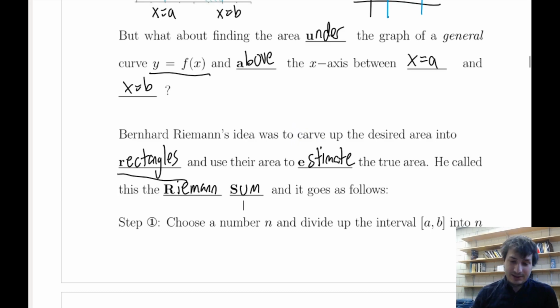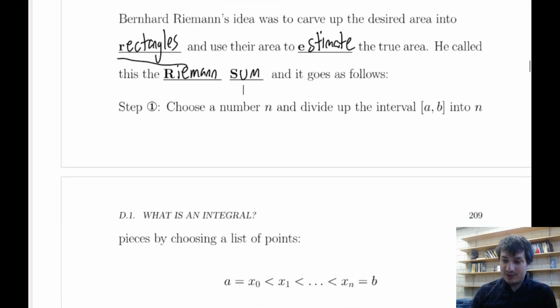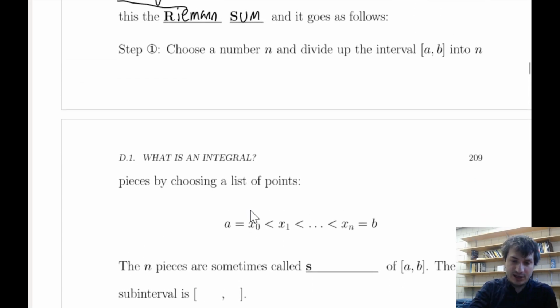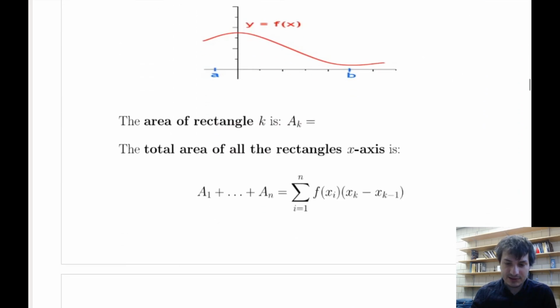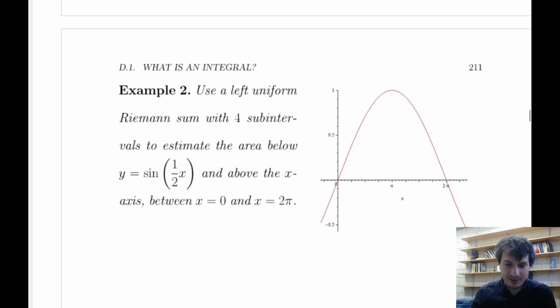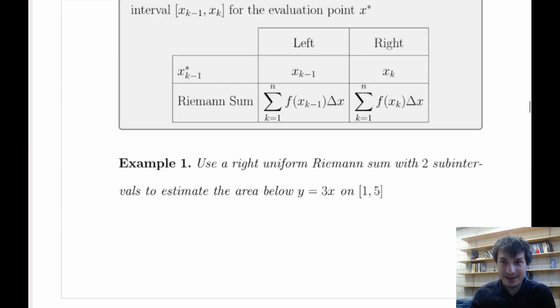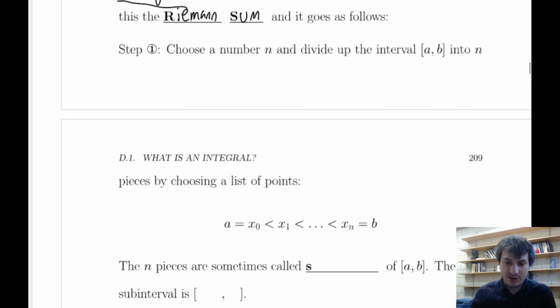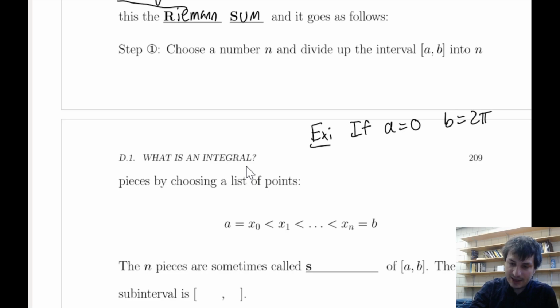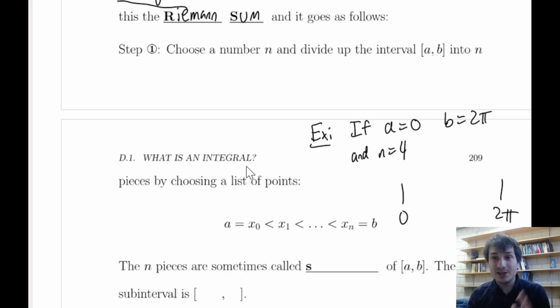So here's how it goes. Choose a number n and divide up the interval ab into n pieces by choosing a list of points. For the sake of concreteness, let me do 0 to 2 pi with 4 pieces. So if a equals 0, b equals 2 pi and n equals 4, we're taking the interval 0 to 2 pi and dividing it up into 4 pieces.